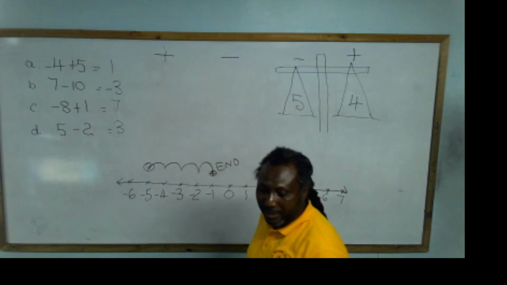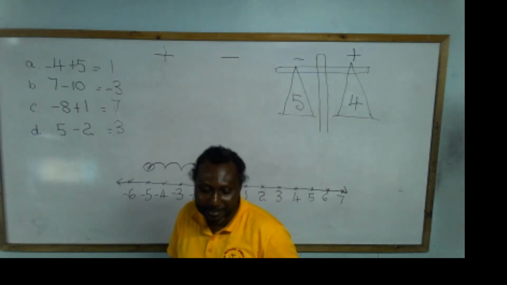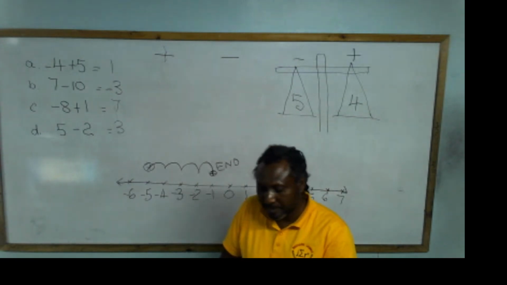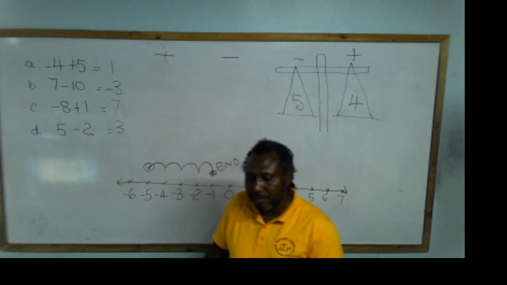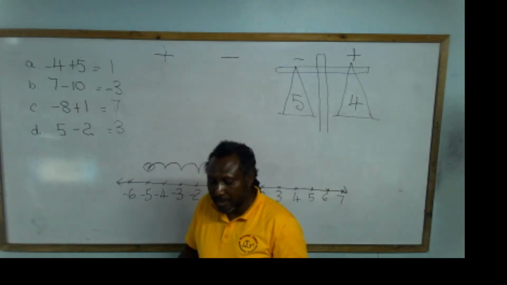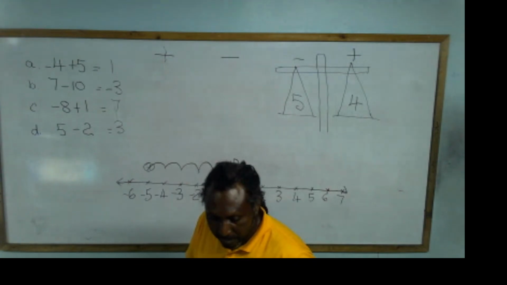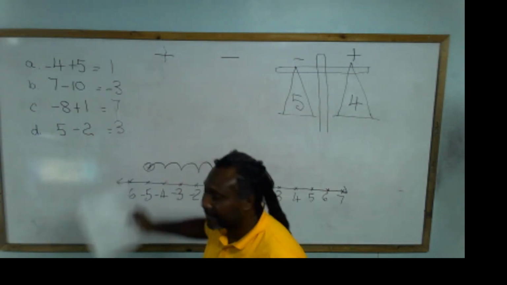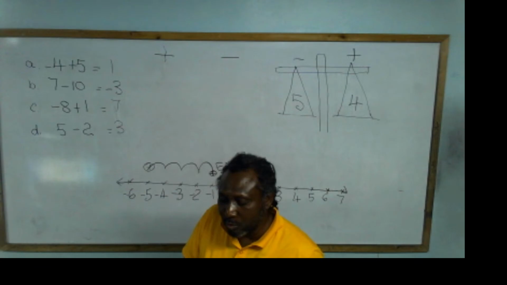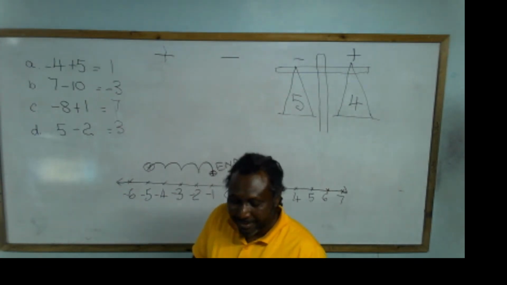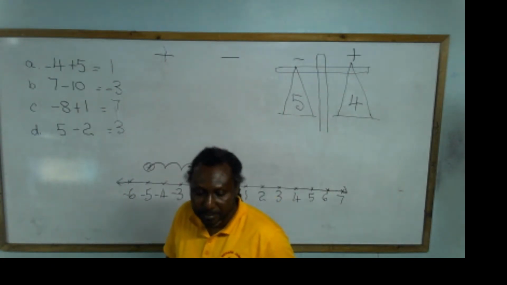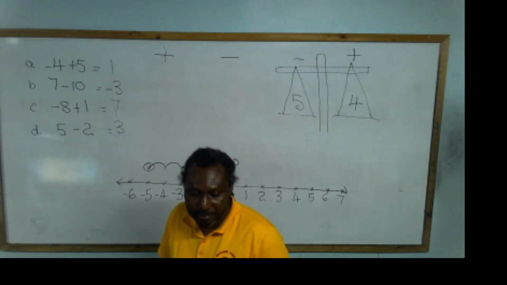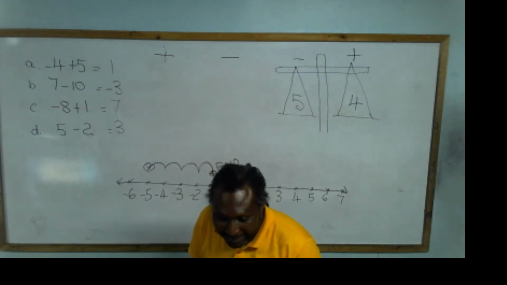What are the answers for the next exercise? That's on page 2. -10 is correct. B, -2 is correct.